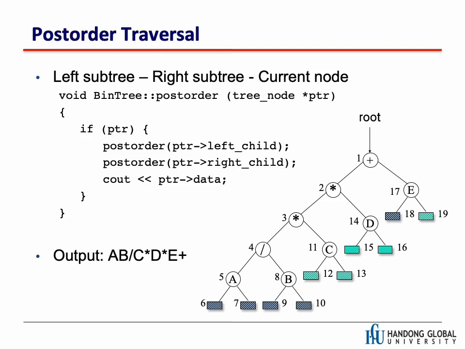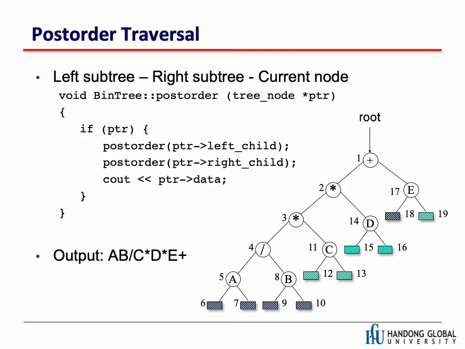The post-order traversal is exactly the same as the in-order and pre-order traversals, except for the order. We visit the left subtree first, then the right subtree, and then the current node. In this member function, we get one pointer and check if it is not null.